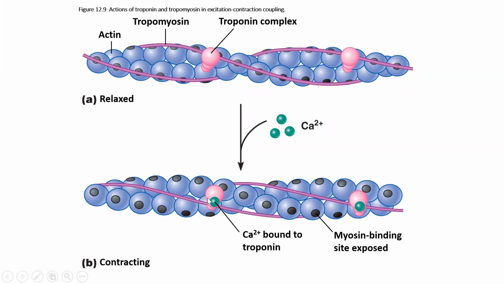It's now in the sarcoplasm. It's going to bind onto its spot on troponin. It's going to allow the entire complex to drag the tropomyosin protein off of the binding sites. And now we can have the myosin sites exposed. Myosin can make an interaction and begin the cross-bridge cycling. So this is how calcium is essential, crucial to turning this process on, but also very, very important, it has to leave the sarcoplasm in order to turn this process off.